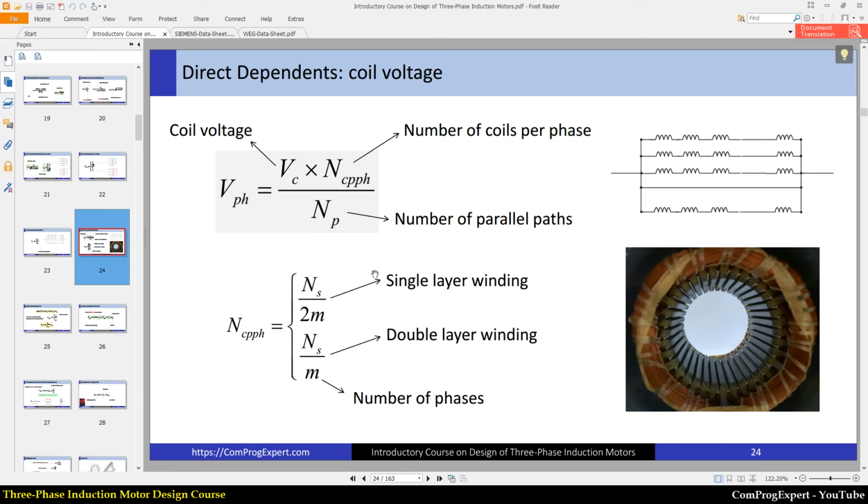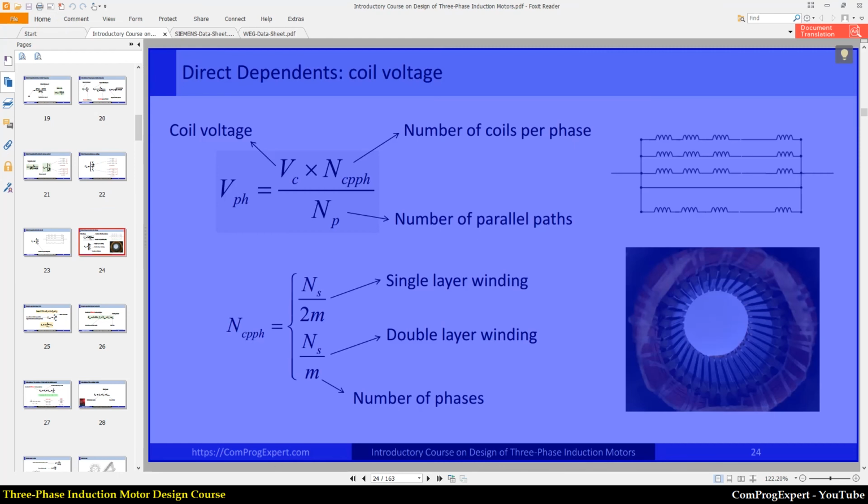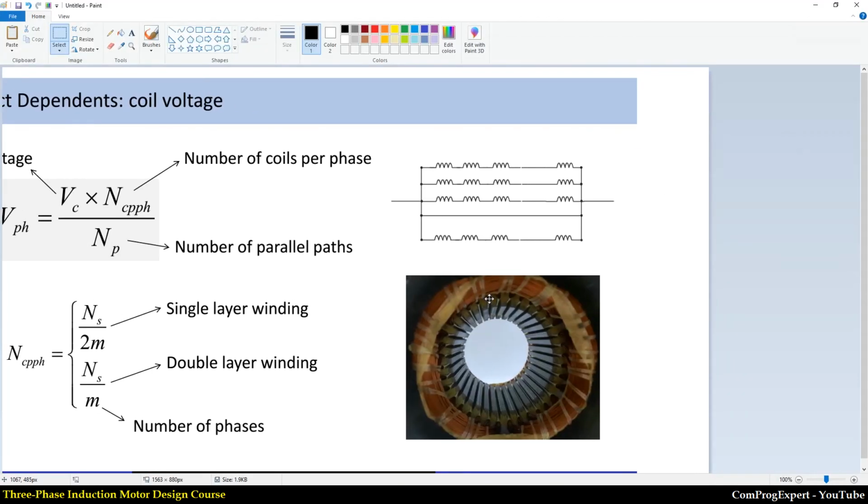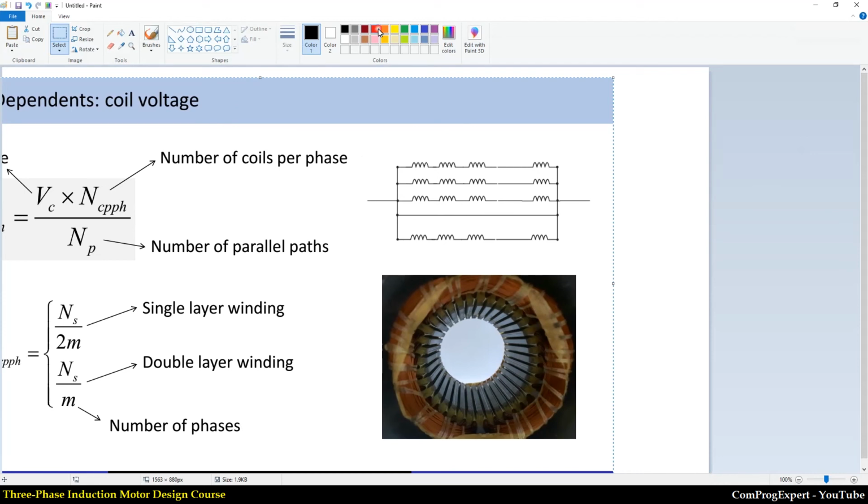So the phase voltage is the voltage between this terminal and this terminal, right? Let me copy and paste it here. So the phase voltage is the voltage between these two terminals. And here we have the coil voltage.